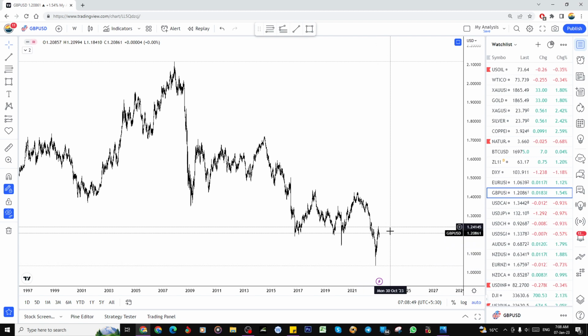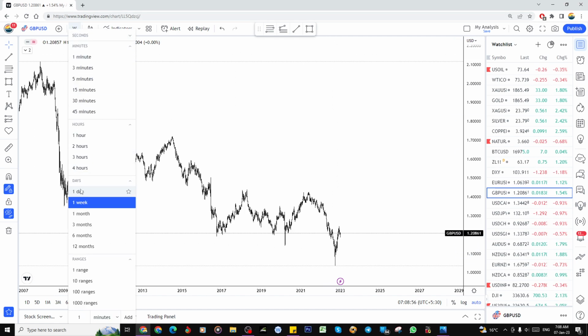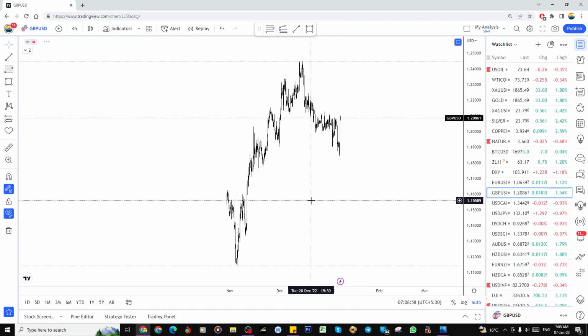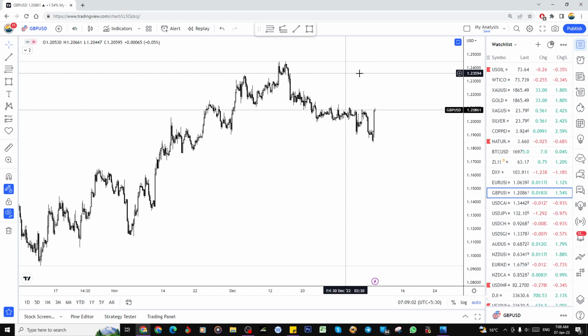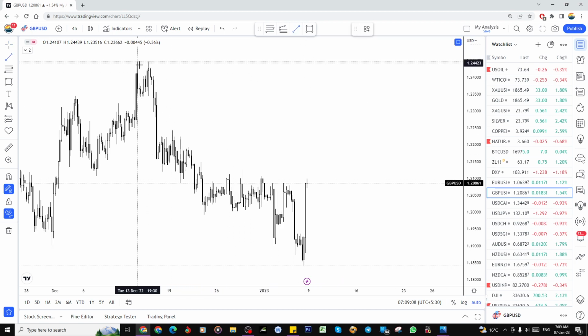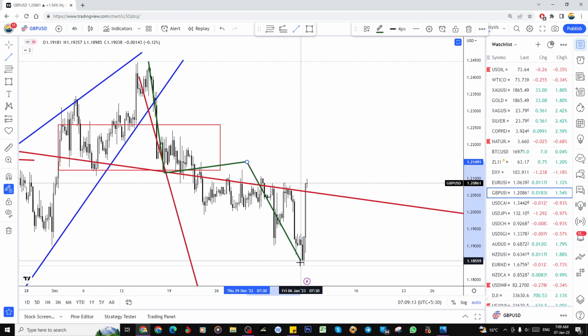But how much time it will take, no idea, because this someone's impulsive has completed, and we are in the B wave. We are in the B wave. Look at this in the Euro USD, it's already there here, right? But in GBP USD, it's somewhat looking like 1, 2, 3.